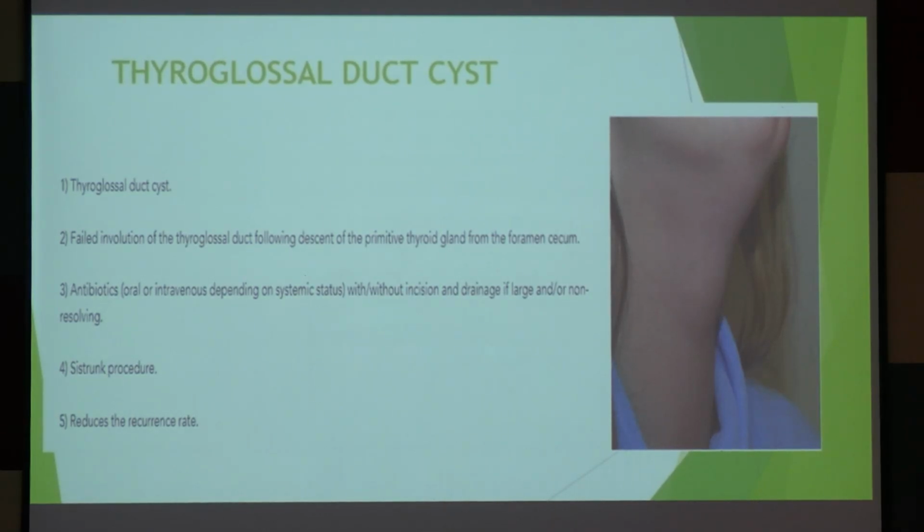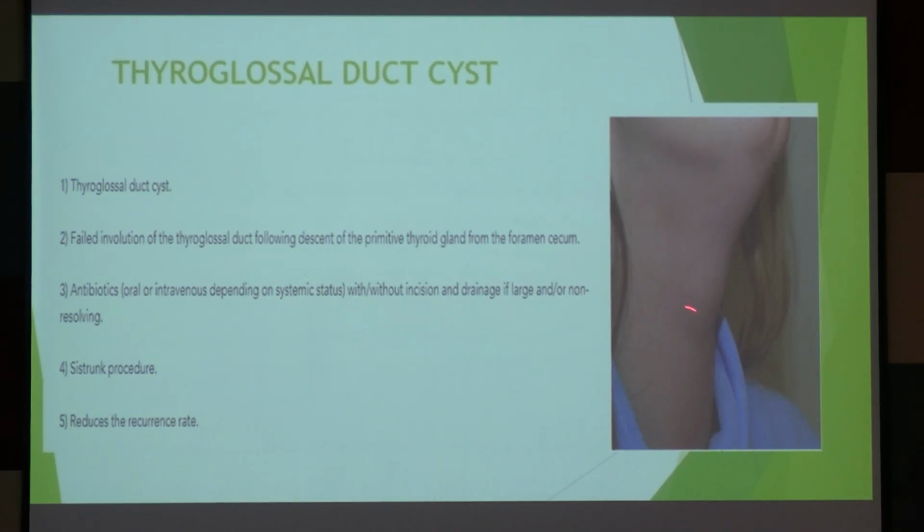It descends from the foramen cecum, thyroid, right? Descends down in the neck. And that tract sometimes persists as a tract. And there, sometimes this kind of duct, fistula, these things can happen.